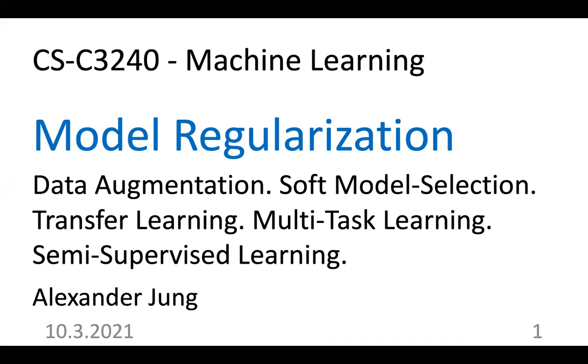And it turns out that all of these tricks are special cases of a basic principle called model regularization. Today I will explain to you what model regularization is and how we can implement it. I will also demonstrate it in an Excel spreadsheet.